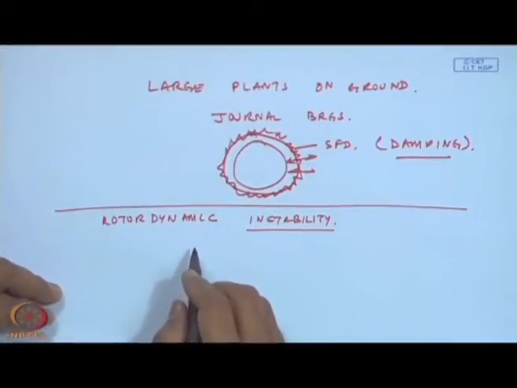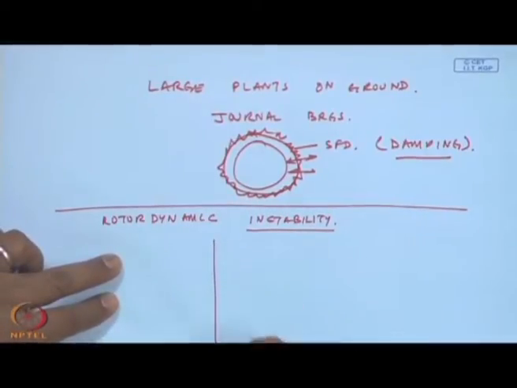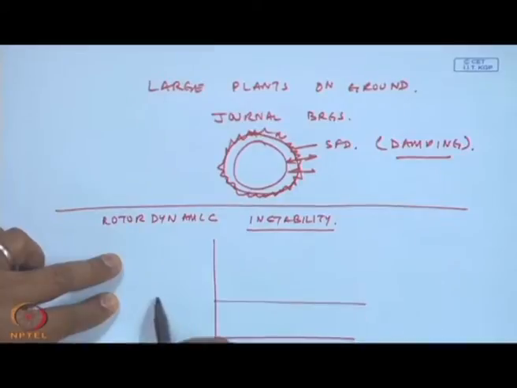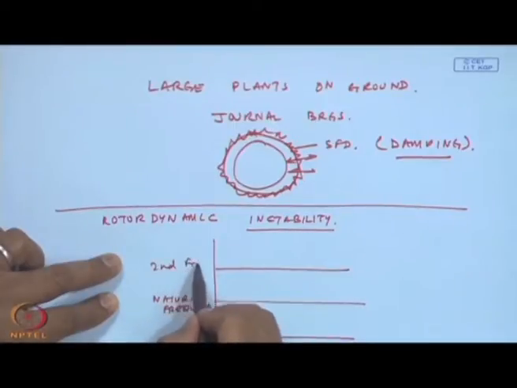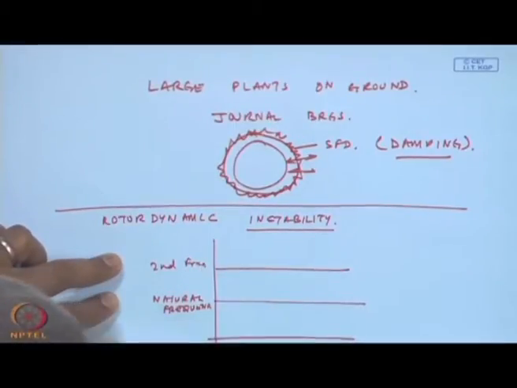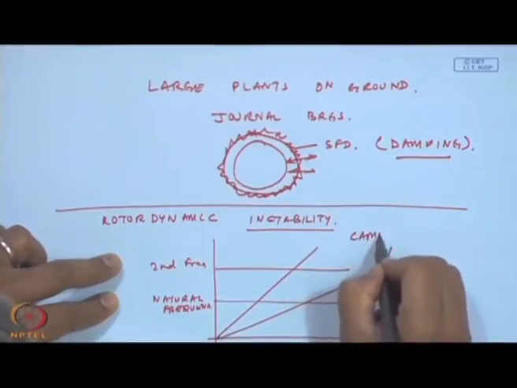And with this, suppose I have this RPM curve, and these are the first natural frequency, second natural frequency. So, there will be some frequencies, and these are basically known as the Campbell diagram.